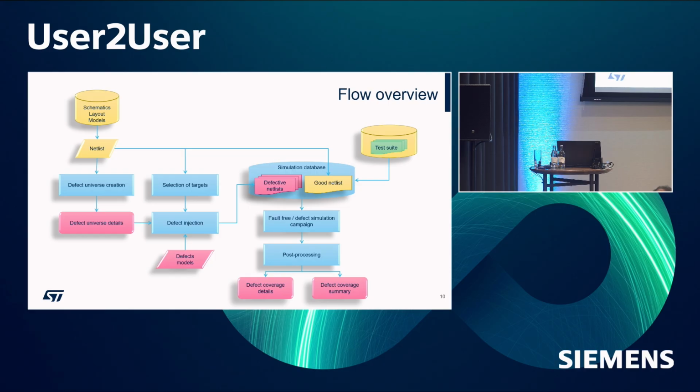And the pink boxes are the output of the analysis. So this is quite straightforward, and once exercised, we can say that it is a step-by-step flow which is easy to implement and to follow.